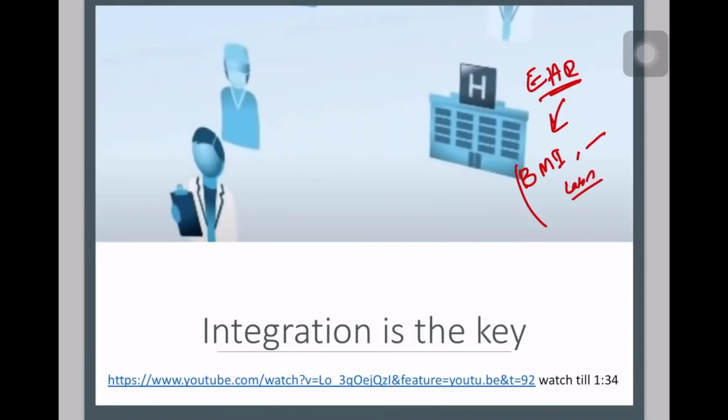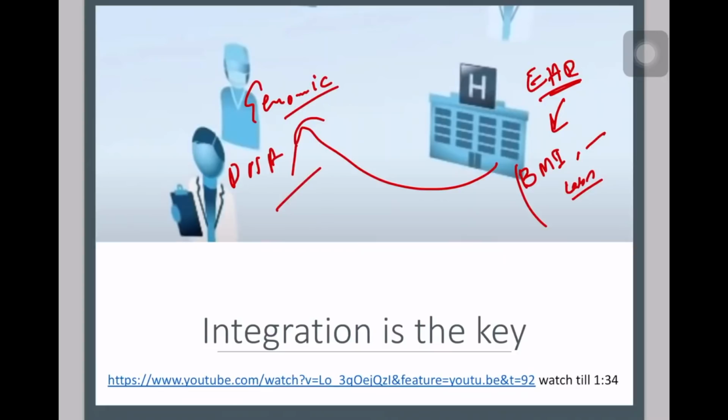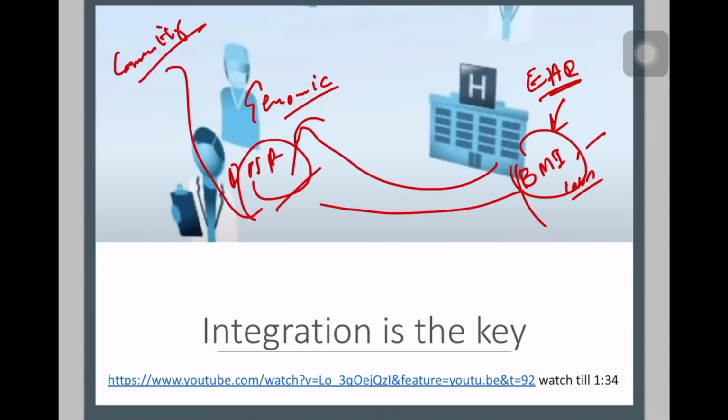And then we have genomic data, where we have data at the DNA level and protein level. Then we have community data, like behavioral data, or data about facilities, for example the parks near the household. And sometimes we need to aggregate or link that data in a way through which we could hypothesize.